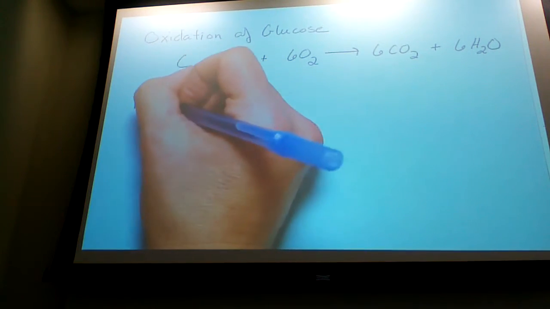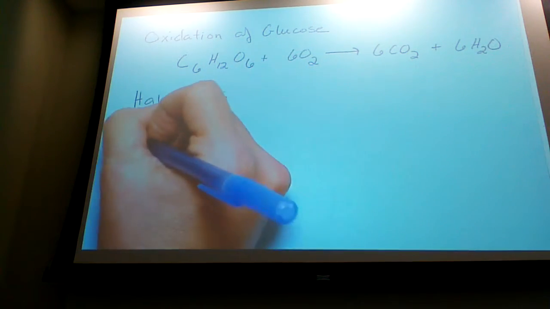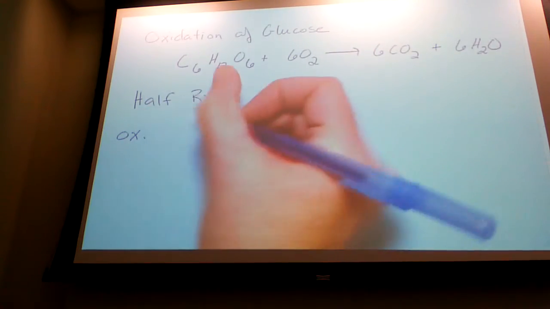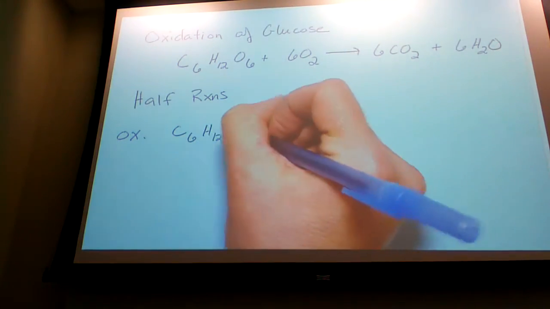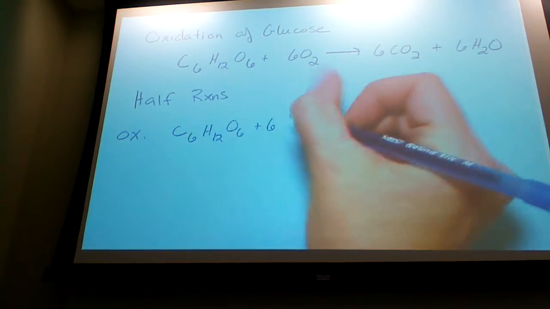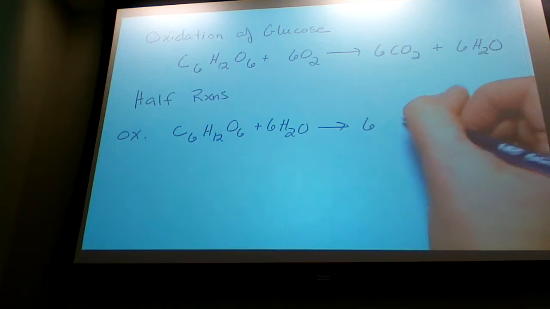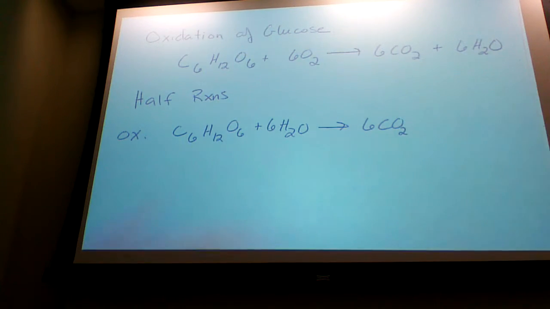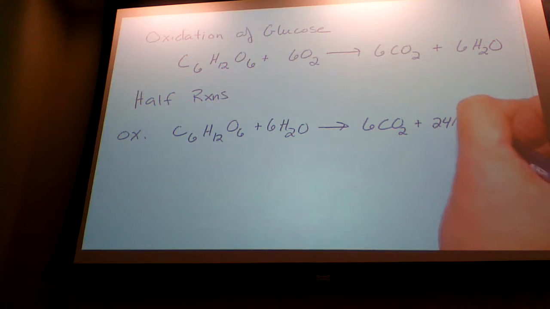And if we break this up into half reactions, the oxidation half reaction is the glucose going to carbon dioxide. And from that, we get some protons, and we get some electrons.